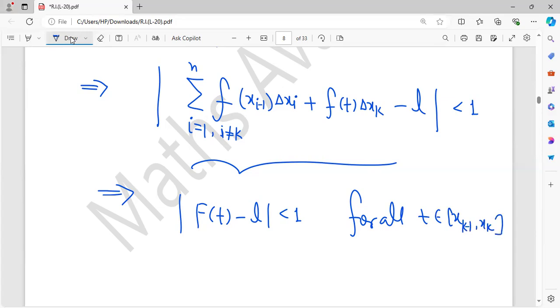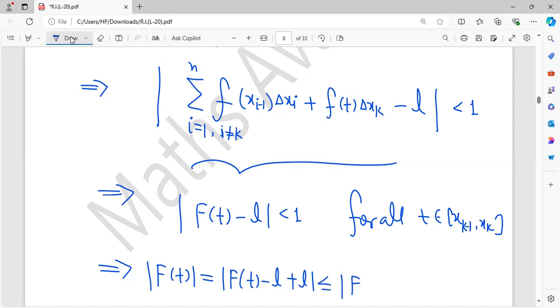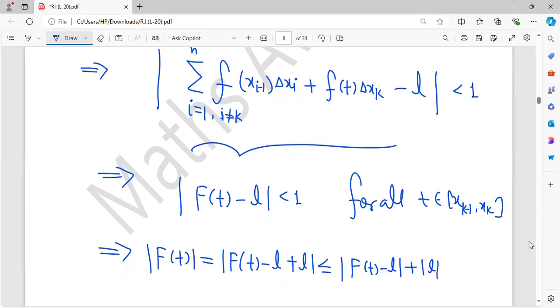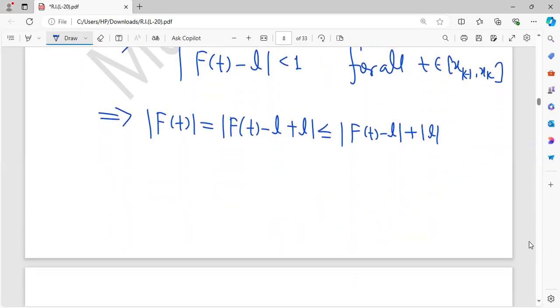Okay. But this will imply F(t) is, you can add and subtract, less than |F(t) minus L| plus |L|. Okay. So this is nothing but 1 and this is L. So what we have?